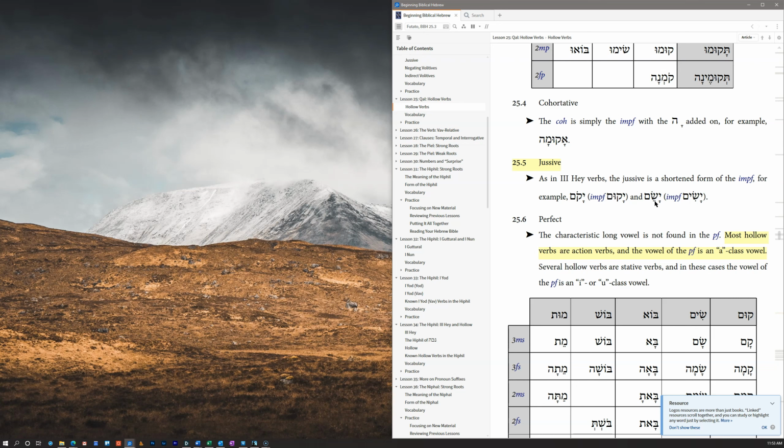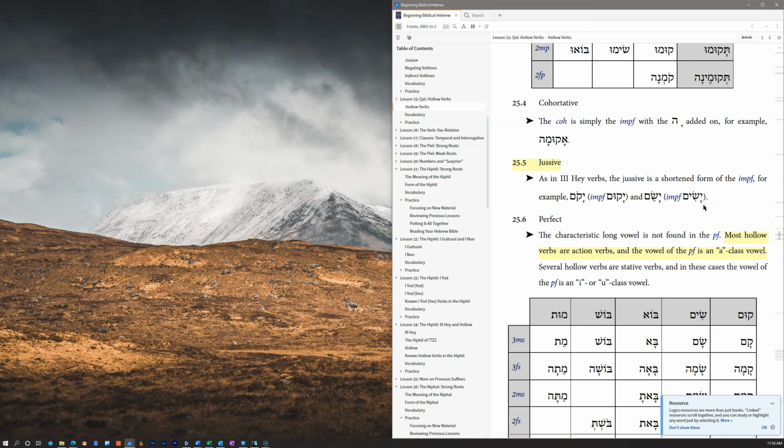That's when you'll recognize a jussive, because you'll be expecting to see a Hirik Yod in this Niphal, and it'll be a sere instead. And then the third time is you expect to see yasim, but you only see yasame. Well, then that's a jussive, because it's a shortened form of this hollow verb.